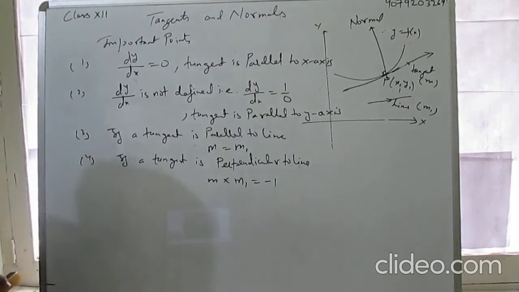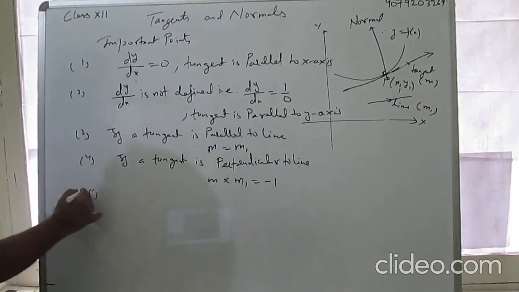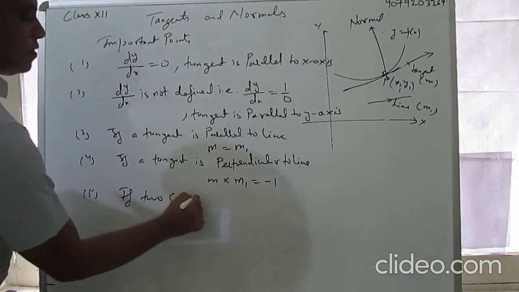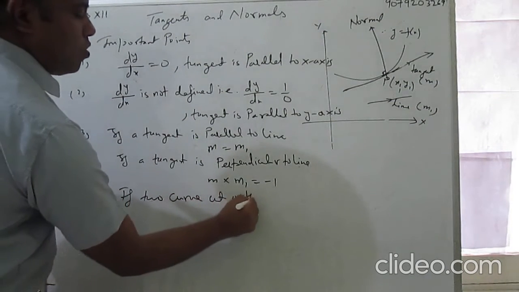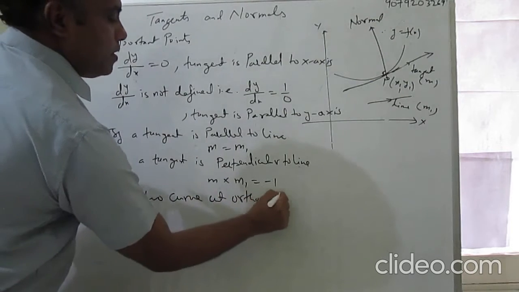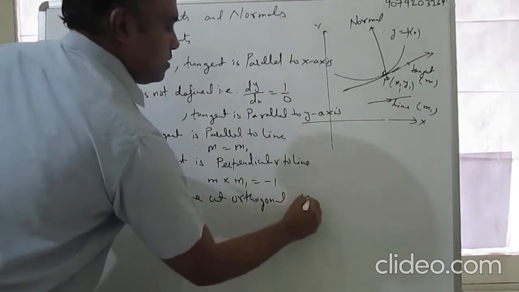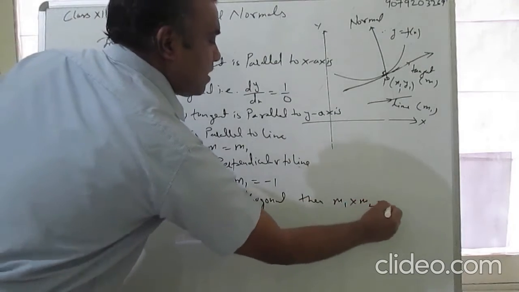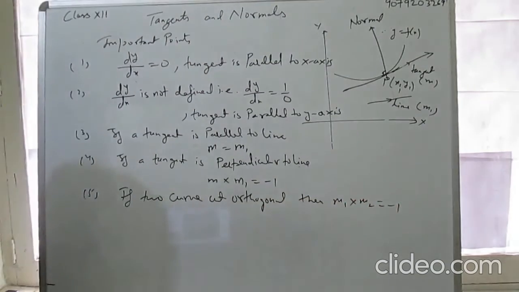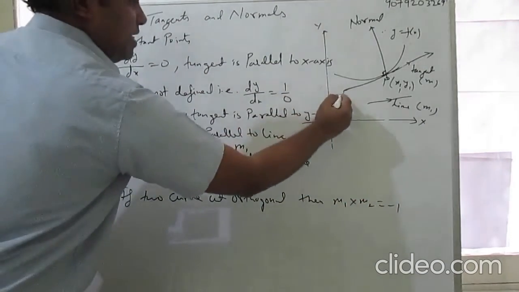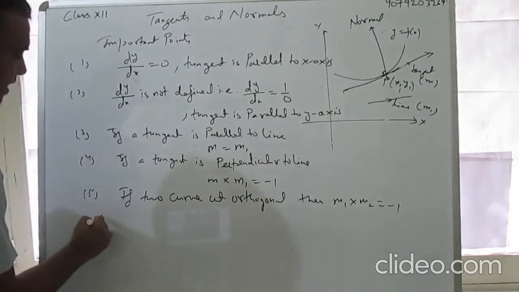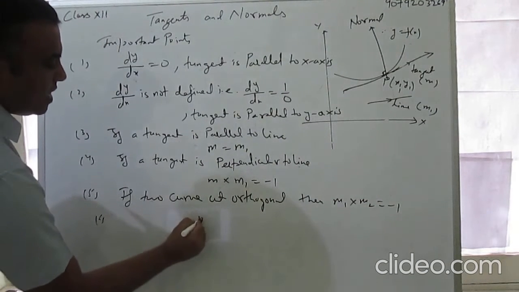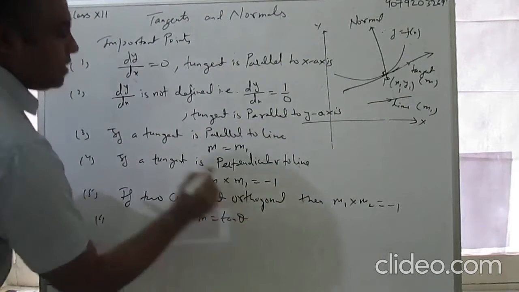If two curves cut orthogonally, meaning at 90 degrees, then also slope of first curve into slope of second curve is equal to minus 1. If tangent makes an angle theta with the positive direction, then m is equal to tan theta.